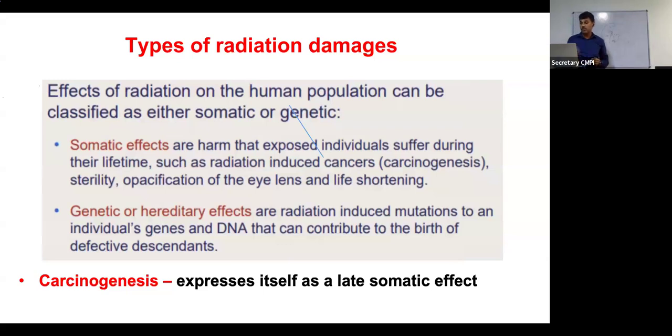Cancer is a somatic effect. It's not actually a genetic effect, if it happens in the same individual, the same person. Genetic effects happen when the germ cells are irradiated and the victims are the offspring, the next generation. That is called a genetic effect.